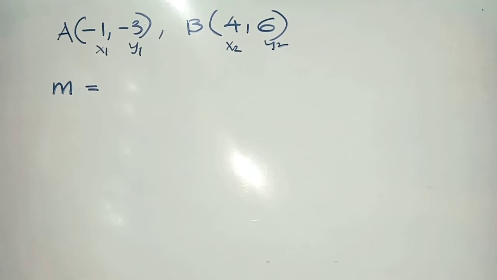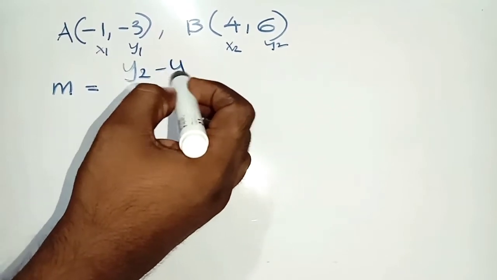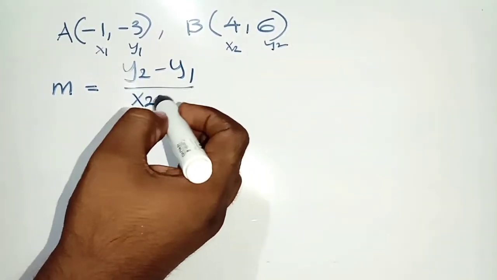The c will be unknown. Now substitute any one of these points in that equation. These are the three steps. So find m as (y2 minus y1) divided by (x2 minus x1).